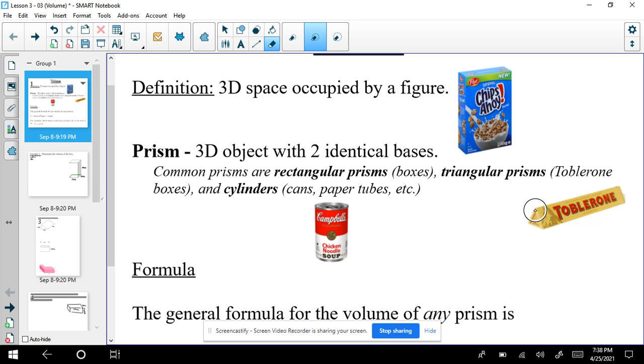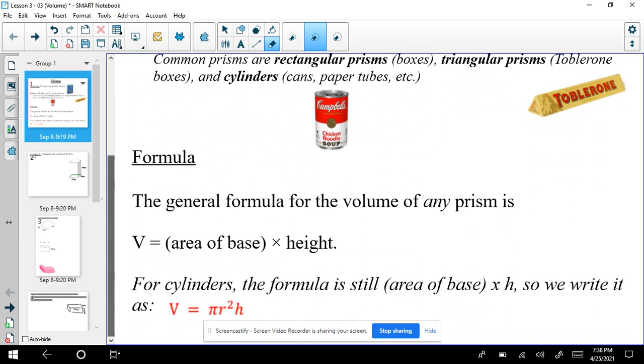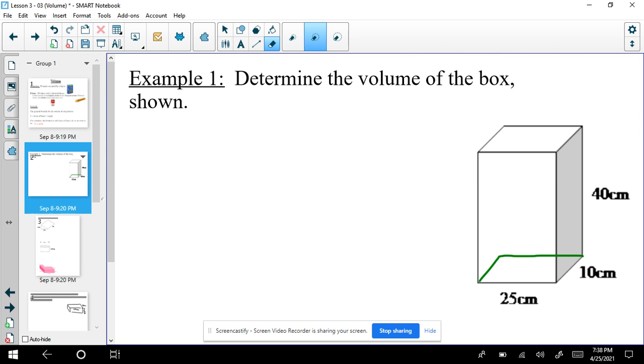We would find the area of this base and multiply it by how long, though this would be how tall it is as well. So the area of the base times the height. For cylinders, the formula looks a little bit different, because our area of the base would be pi r squared, and then you would just multiply it by the height.